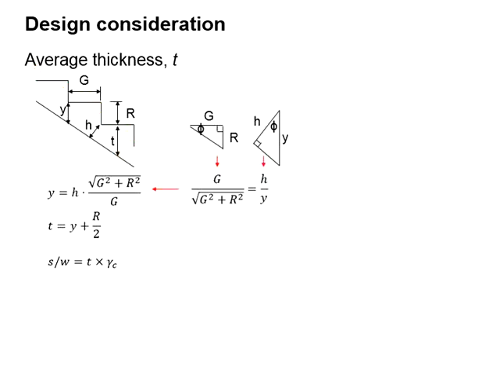To get the T, you will need to get the height, which is y, in the vertical direction, plus half the height of the riser. It is as if the steps are being filled throughout the flight, so that it gives you a constant thickness throughout the flight of the staircase.